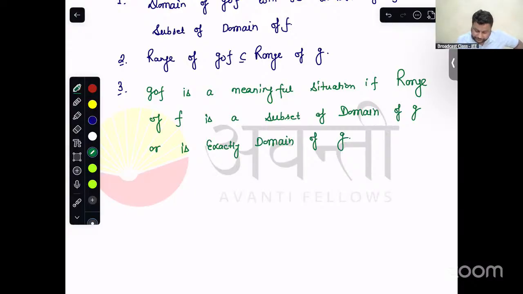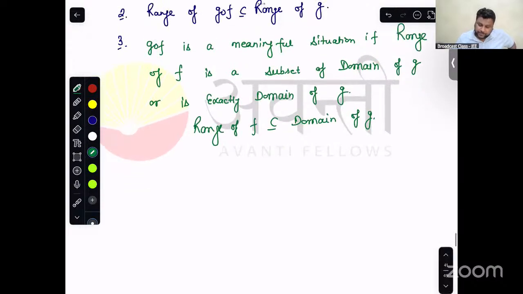Means range of f should be a subset of domain of g. Understood this point? Tell me, did you understand this point?